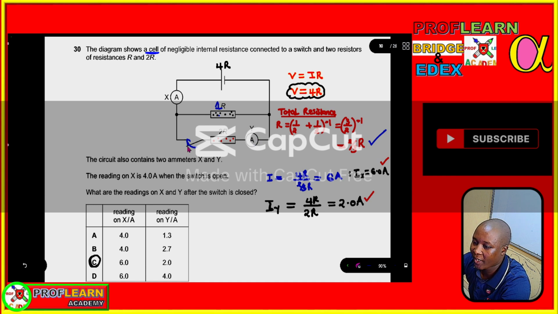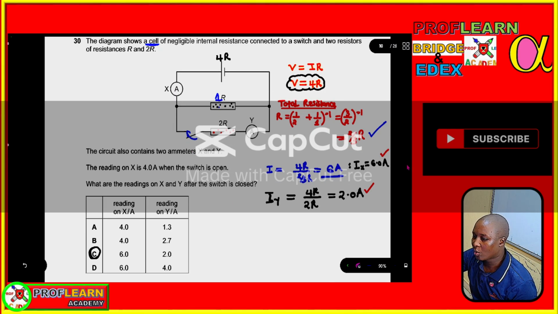To find the current flowing when the resistance is 2/3 ohms, we say voltage over resistance, 4R over 2/3R. If you work it out, the current flowing in this circuit when the switch is closed is 6 amperes. So X will have 6 amperes.